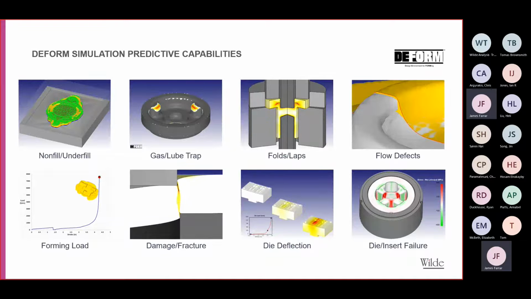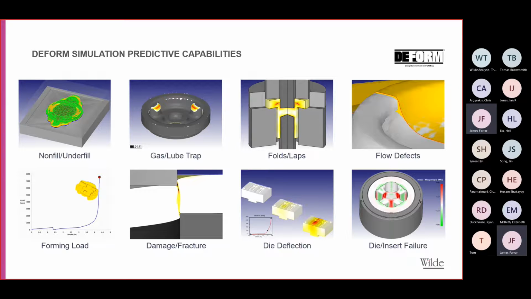Typical predictive capabilities that you get with DEFORM include understanding the material flow during a forming process to see whether we fill the cavity or fill the die, or reach the desired target shape in an open die application. We may want to understand whether we get lubrication or gas traps in the system so that we can design our tooling correctly, and understand the material flow so we're not getting folds or pockets.